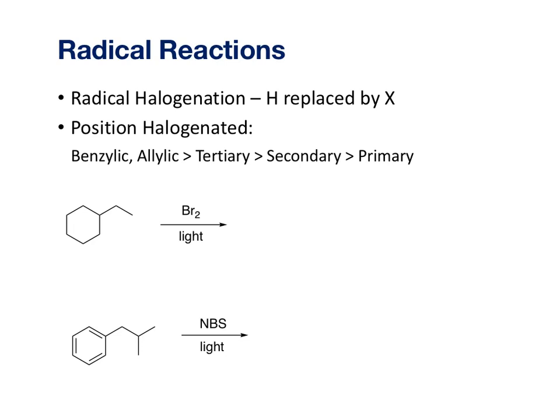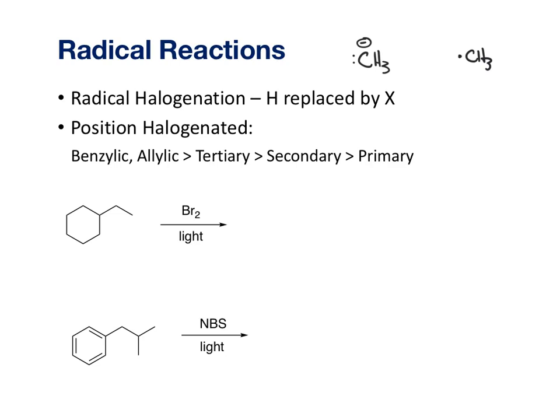When we talk about radicals, we're talking about an unpaired electron. And for example, if you have CH3 minus, that has a lone pair on the carbon. But if you have the methyl radical, you would have CH3 with a single electron. That's an unpaired electron on the carbon. There's a couple different reactions we can do involving radicals. One that you're probably most familiar with is a radical halogenation, where a hydrogen is replaced by a halogen.